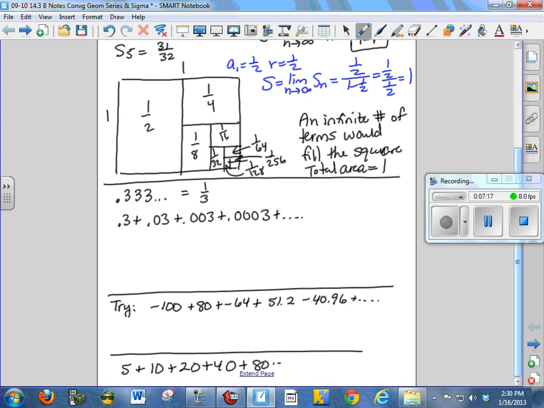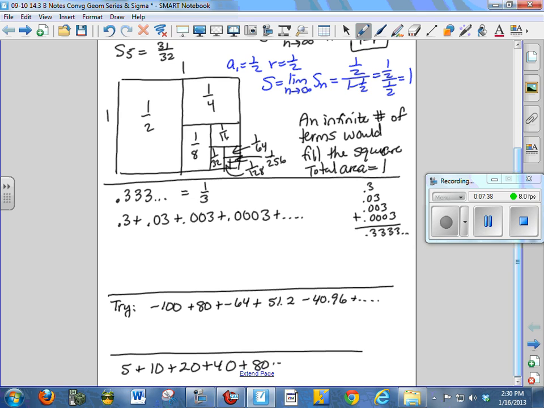And if we kept adding terms like this, and you might see it more easily if I wrote it like this, if we add those all together, you get 0.3333 and so forth. So this can be looked at as an infinite geometric sequence.